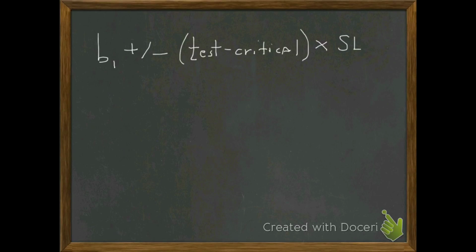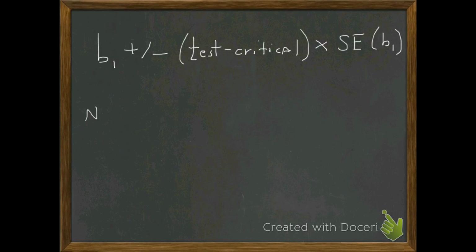Guys, from previous confidence interval problems, we have seen that our margin of error can be found by taking our critical value from our distribution times the standard error. And of course, this standard error will be used for B1.